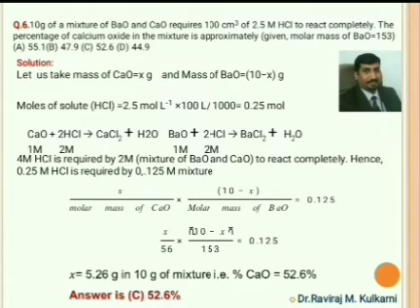So 4 moles of HCl is required by 2 moles of the mixture of barium oxide and calcium oxide to react completely.